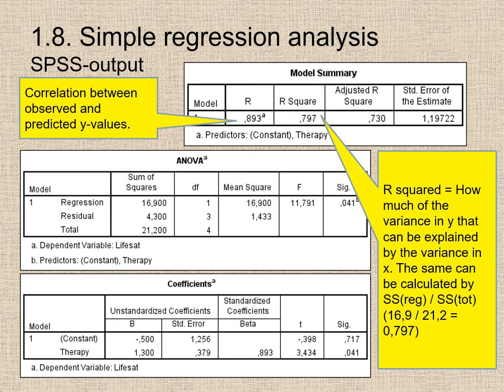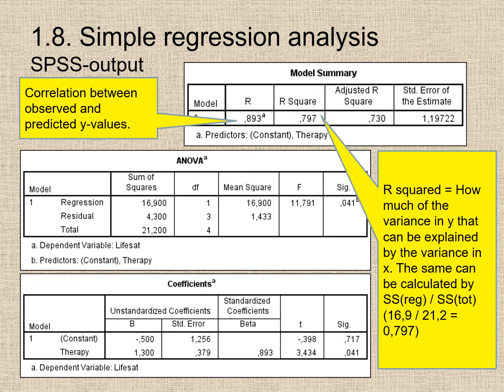How much of the variance in the dependent variable can be explained by the independent variables? In this case, it's only one, so by therapy. 80% of the variance in life satisfaction can be explained by how much therapy you receive.